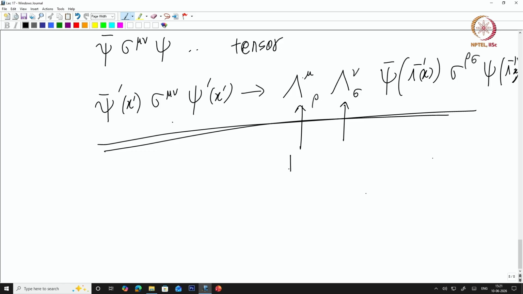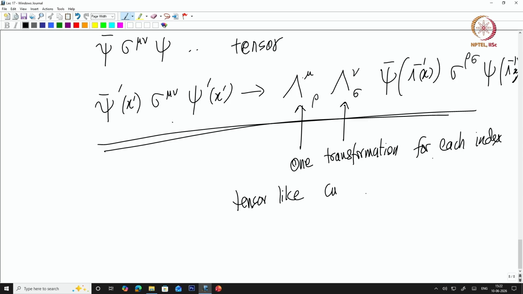So this means 2 index Lorentz transformations, because it has 2 indices, one Lorentz transformation for each index. So this leads to a tensor like current for Dirac particles.